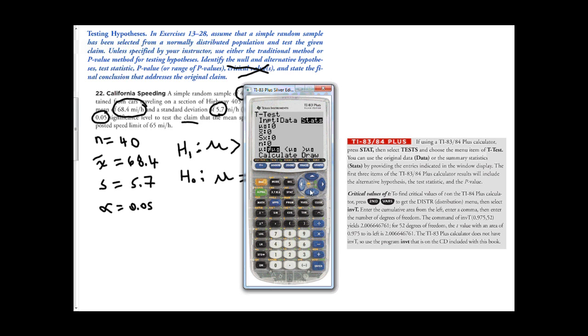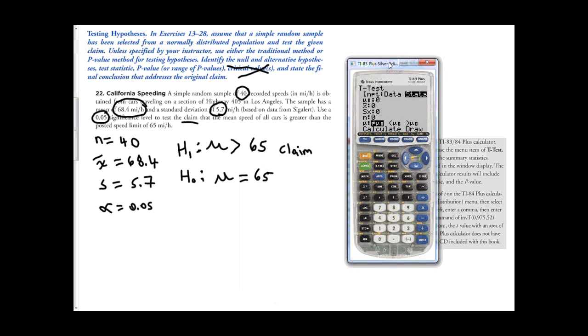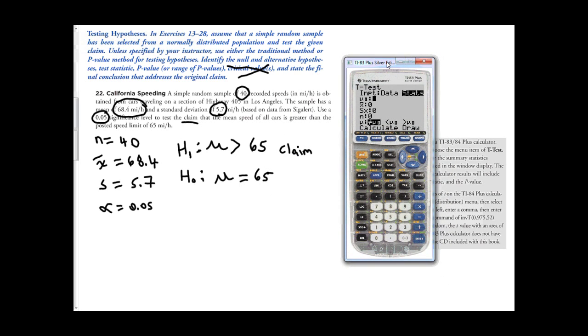Then it's going to ask me for the statistics. The first one it asks me for is mu, and mu from the null hypothesis is 65. So we type in 65. Then it asks me for x bar. Well, x bar we found to be 68.4. Let's go back up to x bar.